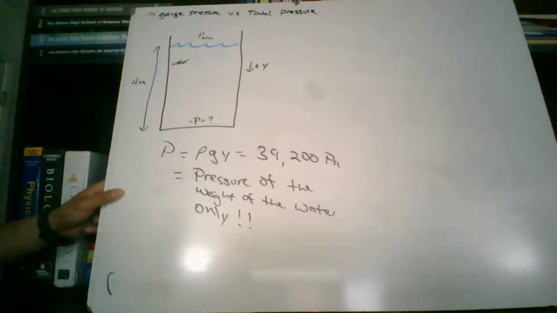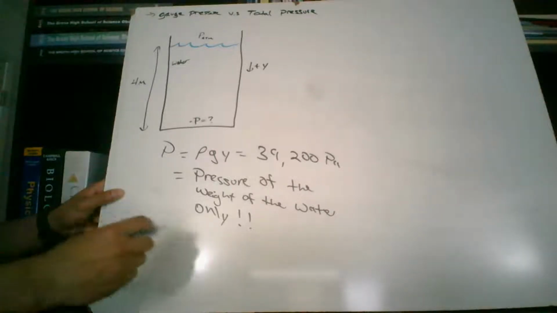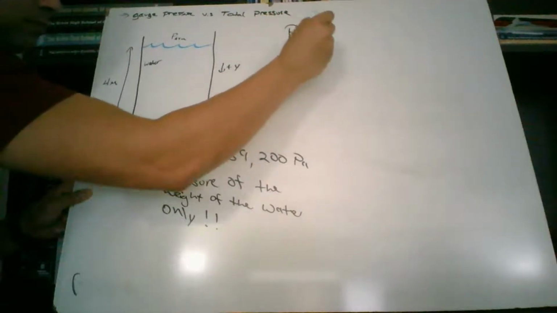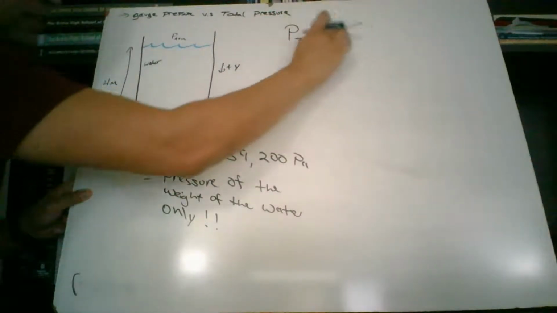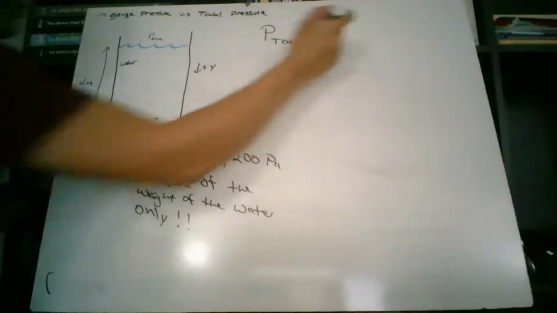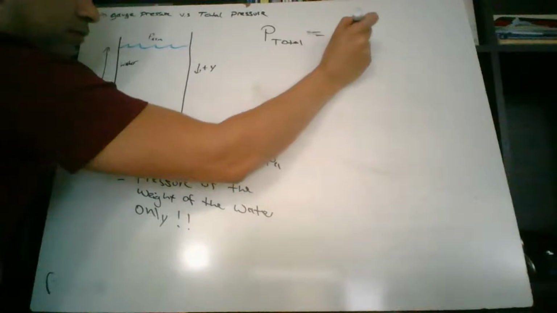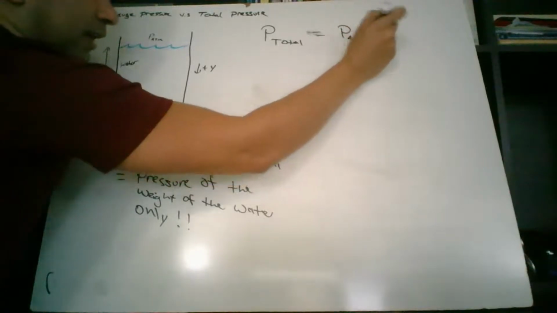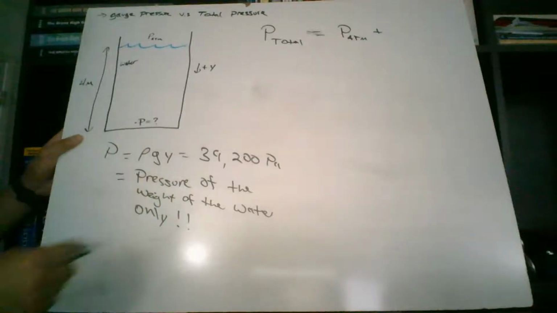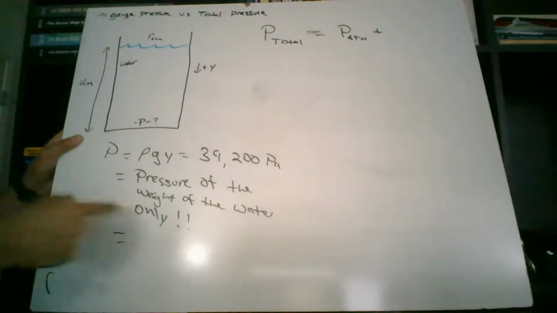If we wanted to know what the total pressure was, P total, then what we have to do is take the atmospheric pressure and add to it this pressure right here. And there's a name for this pressure by itself, the weight of the water only.